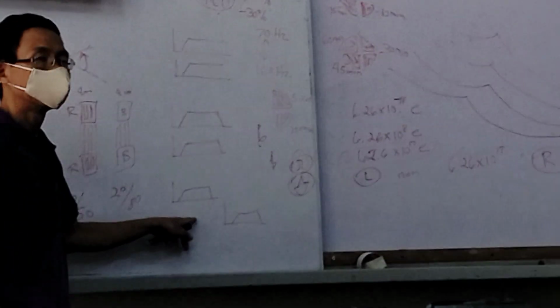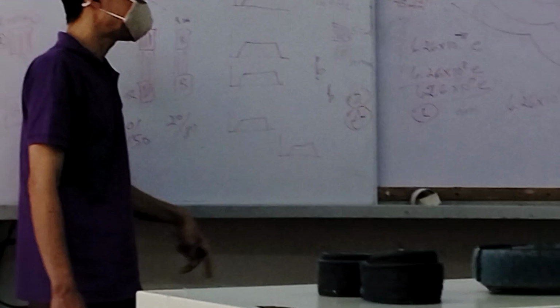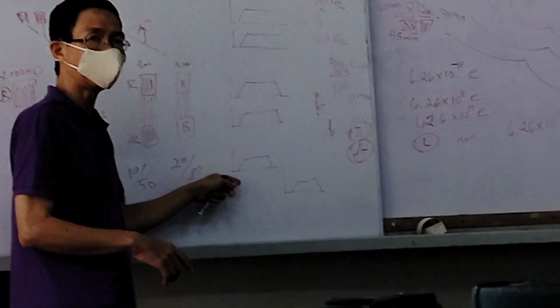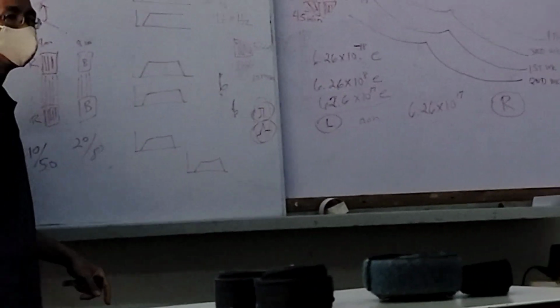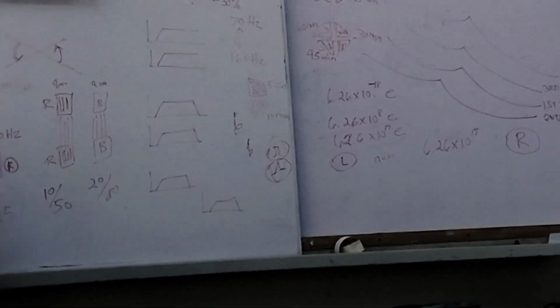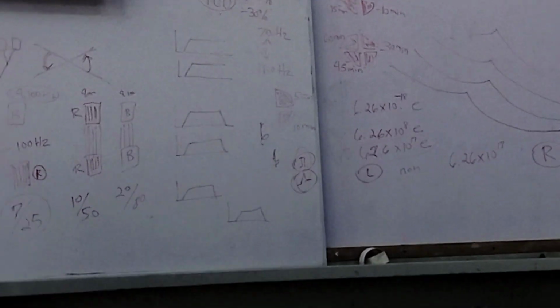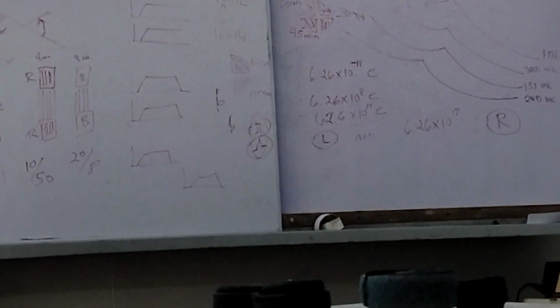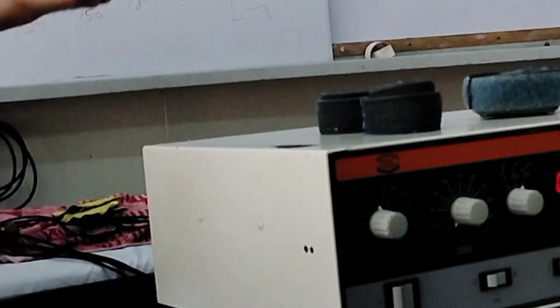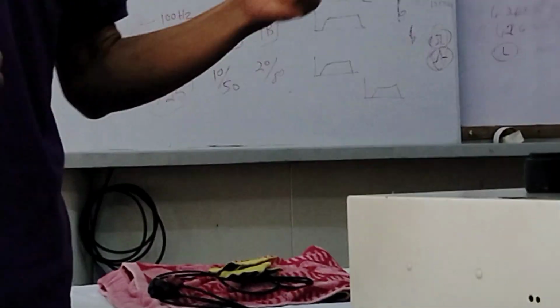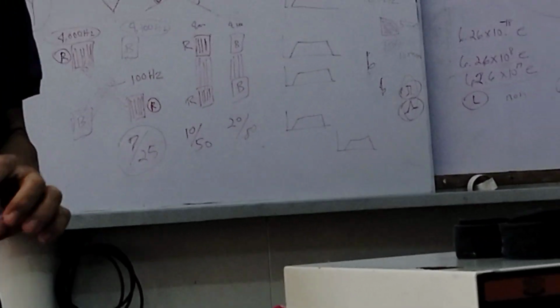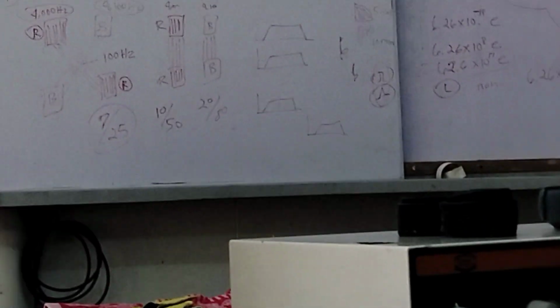So the contraction here is alternating, not simultaneous. This one we call asynchronous contraction. We apply asynchronous when the stimulated muscles have opposing actions. Okay? Asynchronous.